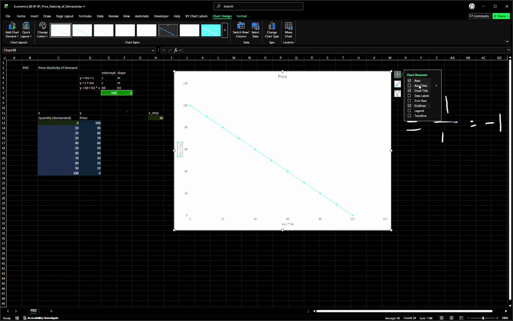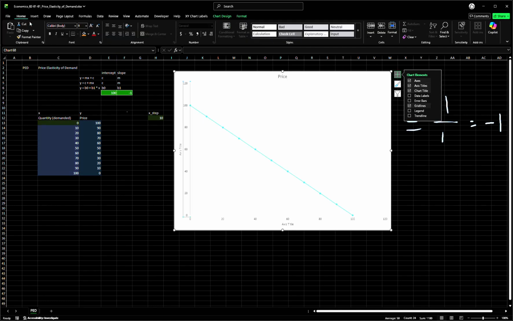No. Okay, let me look it up. Percentage change in quantity, right? Okay, so it's the percentage.